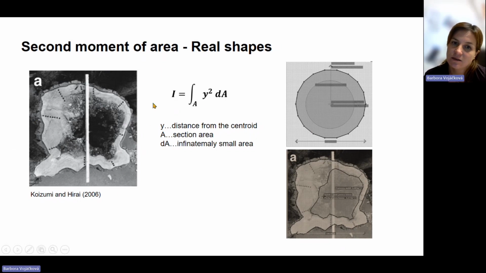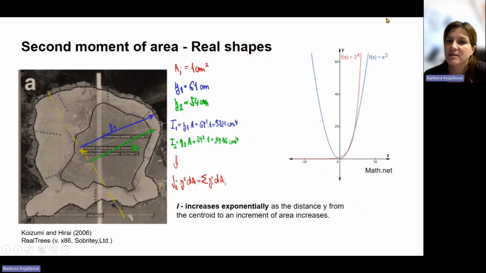So there is the equation of the moment of inertia, which we have already introduced, which shows us how we compute the moment of inertia in an irregular section. What does it mean? I was already telling that the distance from the neutral axis is important and that it's multiplied by the small area. It means that with the distance, the computation of the moment of inertia grows exponentially.